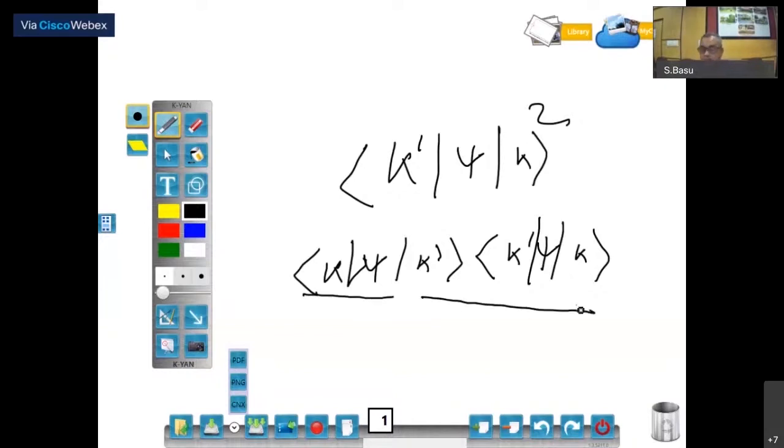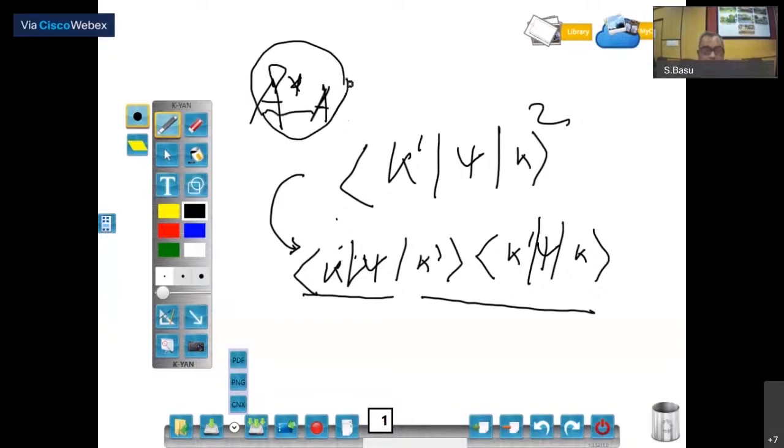So this is how we work with this square. Please remember that two integrals are multiplied and each integral looks like this. One is the complement of the other, because you have to take a complement of this thing. That's how k prime psi k becomes k psi k prime, and the other is the integral itself. So it is like a complex conjugate of a multiplied by a. If you remember this, all our future tasks will be pretty simple.